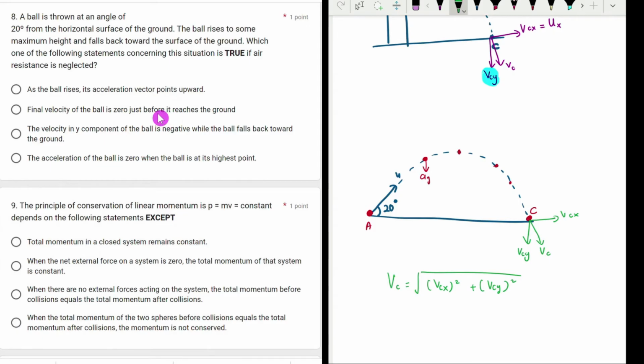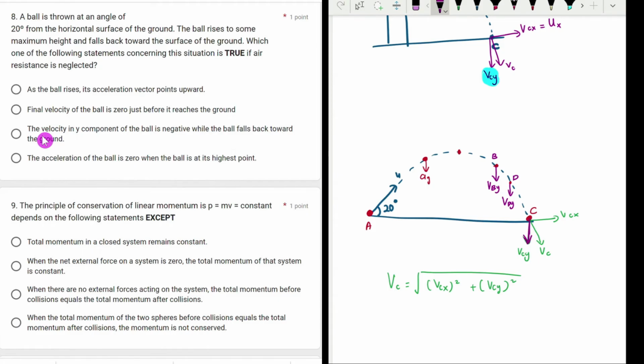Okay, next. The velocity in y component of the ball is negative while the ball falls back towards the ground. Betul? Maknanya masa dia turun ke bawah, remember that the velocity in y component, contohlah ini point B, ini point D. So VBY pointing downward, VDY also, and this is also VCY.